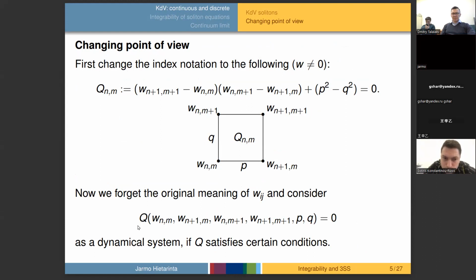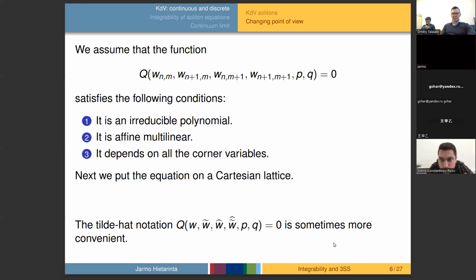So let's consider these kinds of equations. Q is some polynomial in its variables, but it has to satisfy certain conditions before we can make further use of it. And these are the conditions. Q must be an irreducible polynomial, so it cannot factor.